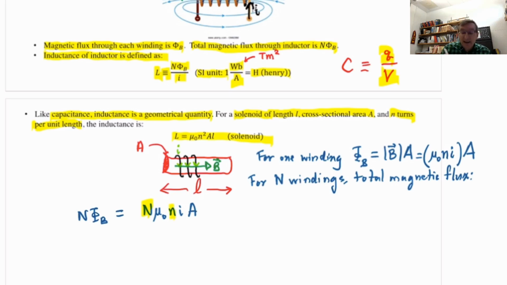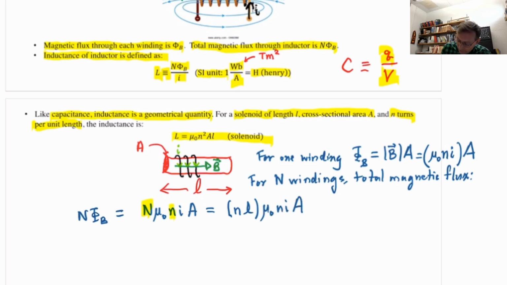We were told what little n was. Remember? We were told that it has little n turns per unit length, so we can't have big N in our answer. But I can express big N in terms of little n. The total number of windings, big N, is the number of turns per unit length, little n, times the length, L. So let me write that.